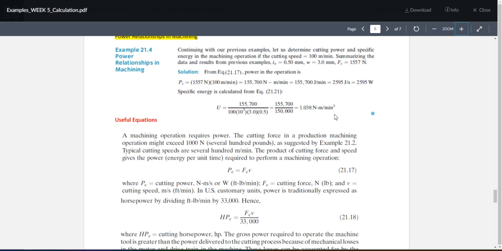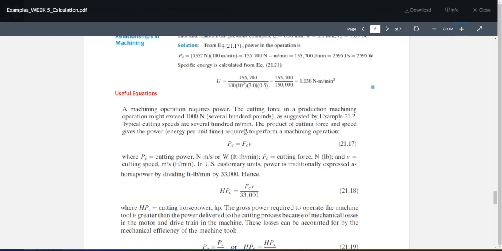And thus we got the value to be 1.038 joule per cubic millimeter. This should be cubic millimeters; this one is not going to be cubic meters in all cases. So it just gave us the amount of energy required to remove 1 cubic millimeter of the material. So once again, go back to the equation.